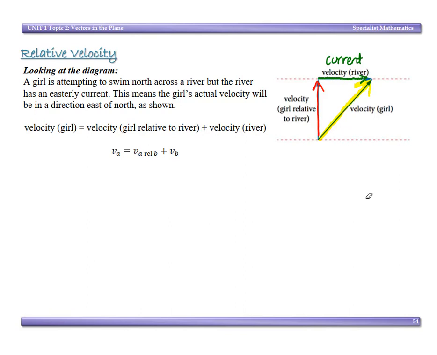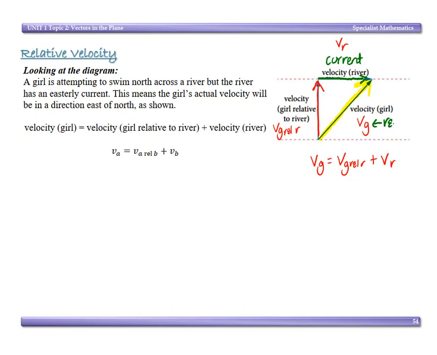Now with vectors that makes sense. This is the velocity of the girl. This is the velocity of the girl relative to the river. This is the velocity of the river. So the velocity of the girl is going to be the velocity of the girl relative to the river plus the velocity of the river.